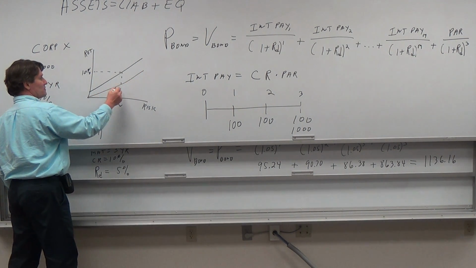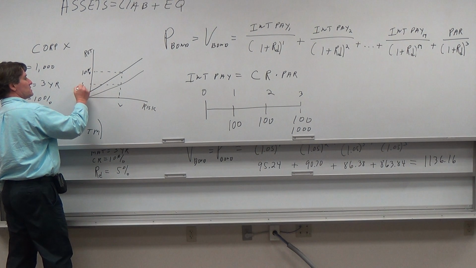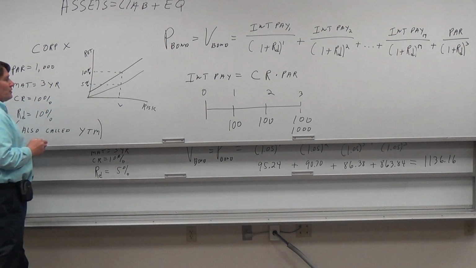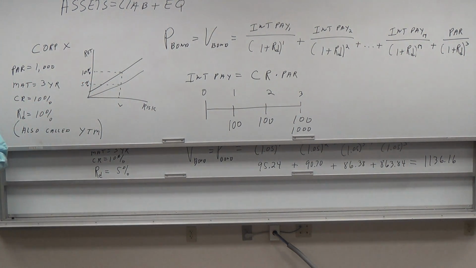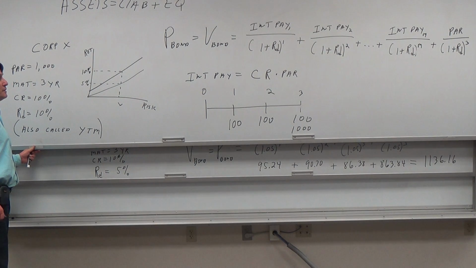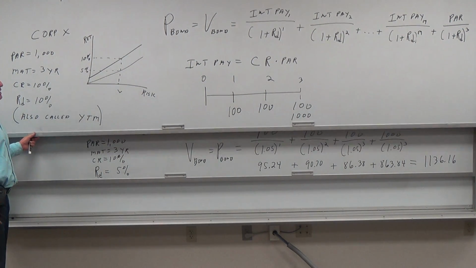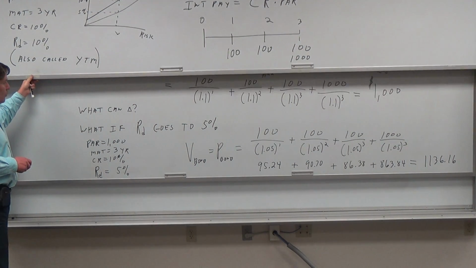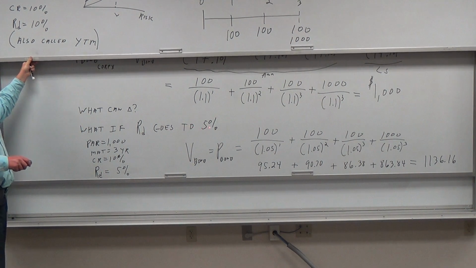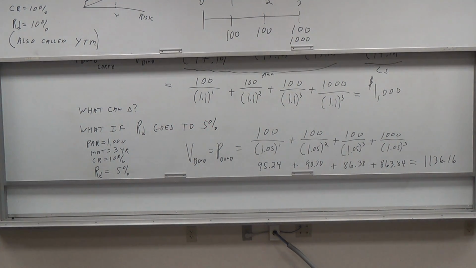And when this line shifts down, now investors, instead of wanting a 10% return, want a 5% return. Look at what happens to gas prices. Gas prices are constantly changing. It's supply and demand. So interest rates change. So what happens to the price if interest rates go to 5%?